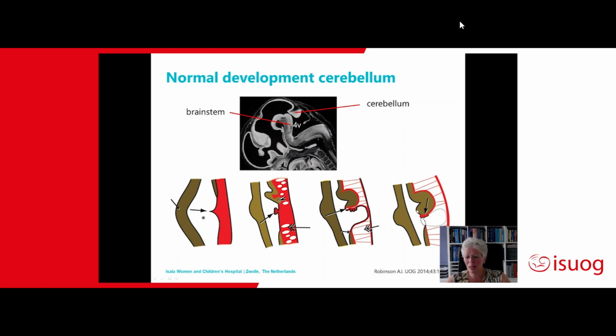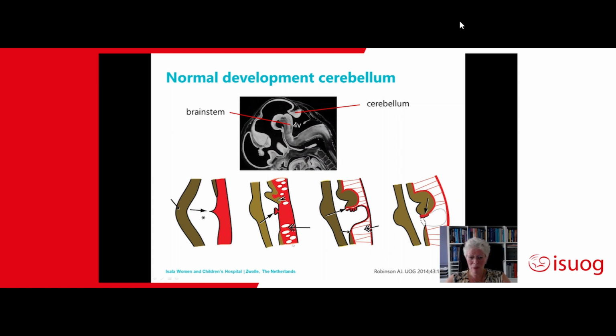You can see it over here. This crest you can see over here and over here. From this the choroid plexus will develop, which you can see over here and there and there.